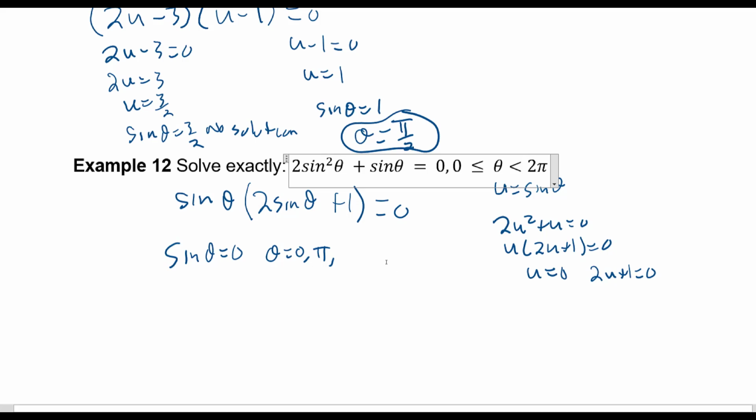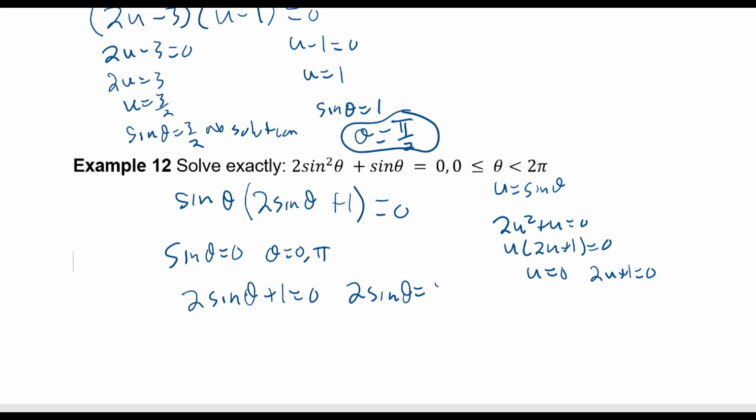There we go. So we'll go with those two. And then we have the case where we have 2 sine theta plus 1 equals 0. So 2 sine theta equals -1, or sine theta equals -1/2.